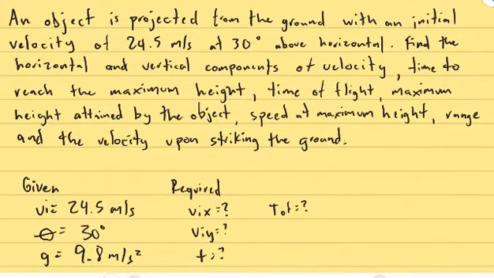Ano pa? Maximum height attained by the object. Height is equal to, yan, speed at maximum height. So, VFY, and also the range and velocity upon striking the ground. So, VF. Okay.